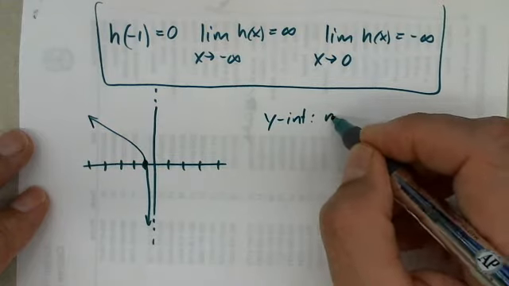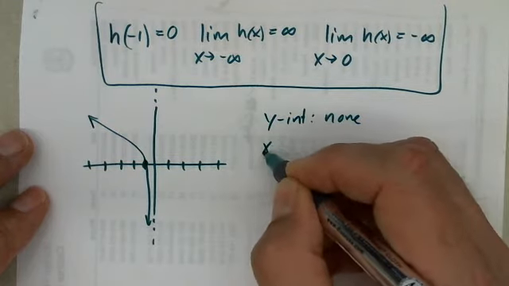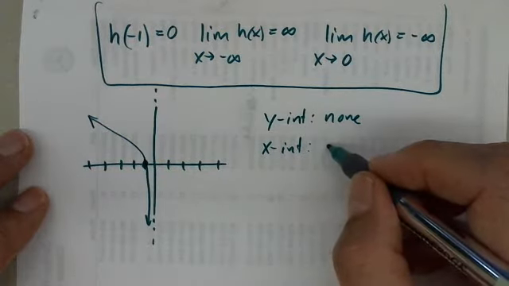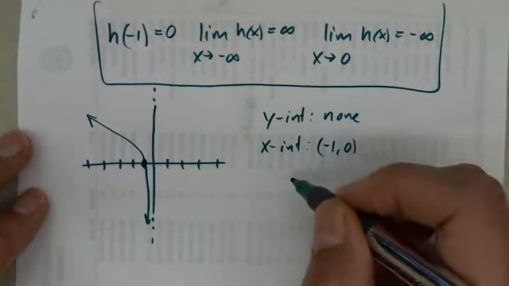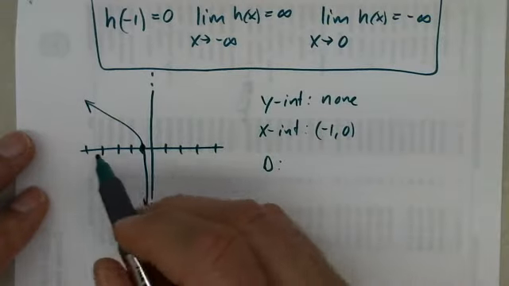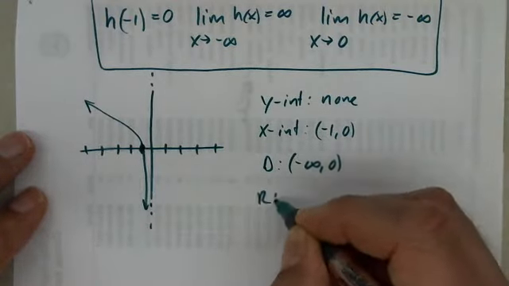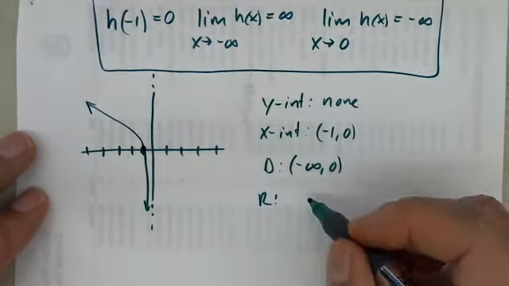The y-intercept, none. X-intercept is -1. Domain goes from negative infinity to 0. The range goes from negative infinity to positive infinity.